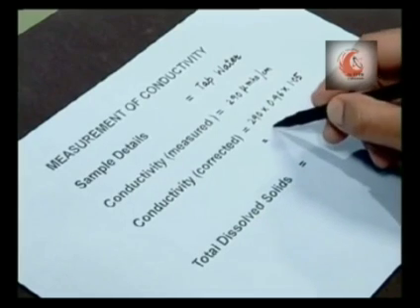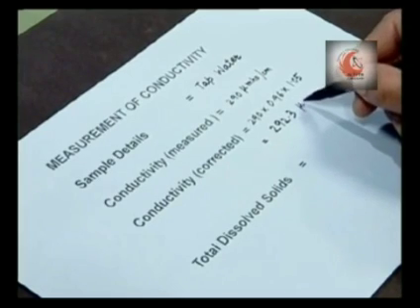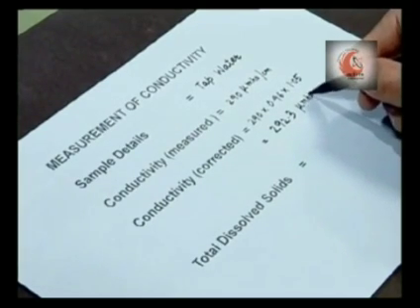So, in this case, the corrected value is 292.3 micromhos per centimeter.